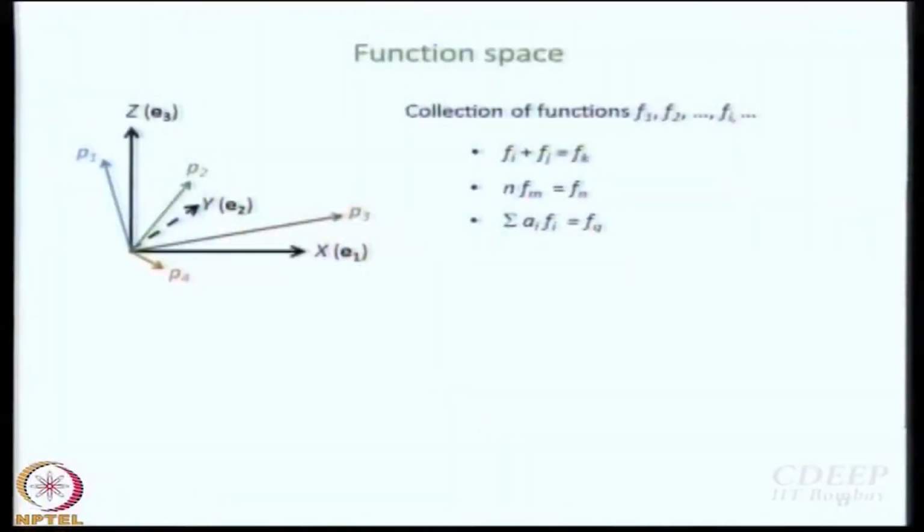Okay. Third is a combination of first and second. A linear combination of the functions is also a function. That I think you can understand easily. Take a linear combination of any number of position vectors. What you get once again is a position vector. Okay.